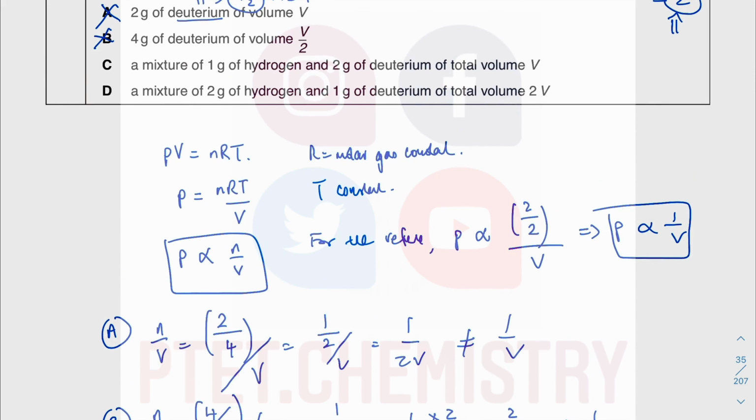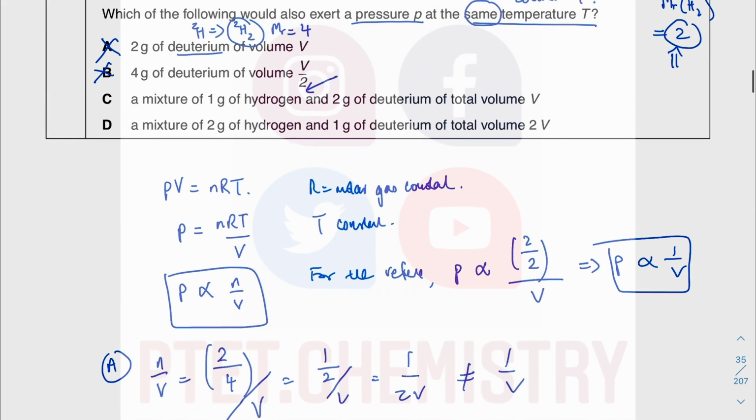Alright, how about C? C is a bit tricky. You have 1 gram of hydrogen, so n over V is 1 over 2. Your total volume is V. But your number of mole is the sum of the number of mole of each gas.